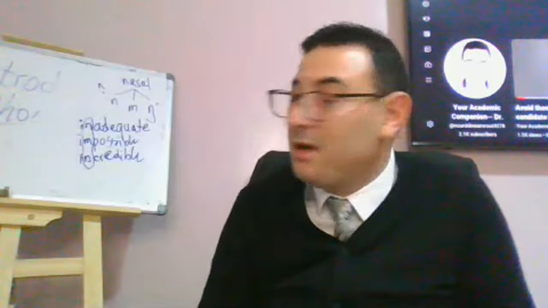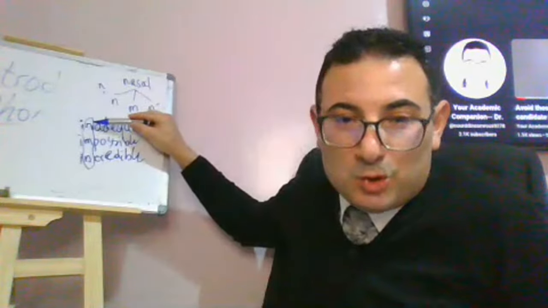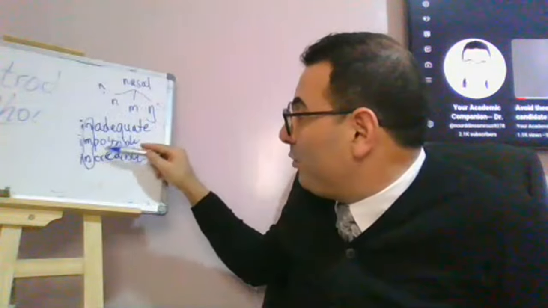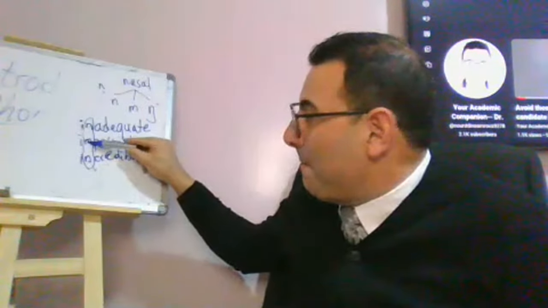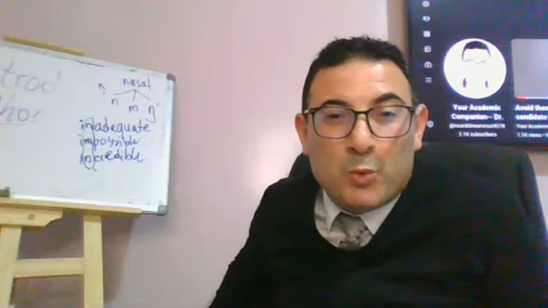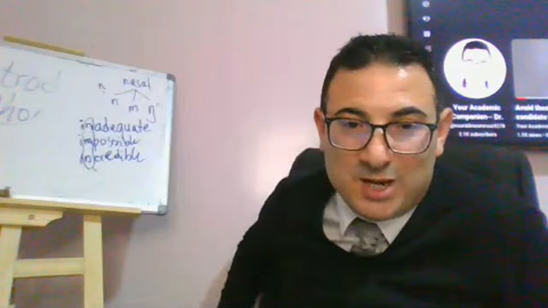They are not contrastive in the sense that, for example, if you replace ng with m, for example, if we go to impossible and we say impossible, would you have another word? No, you will not. So it is in this sense that this is not contrastive.